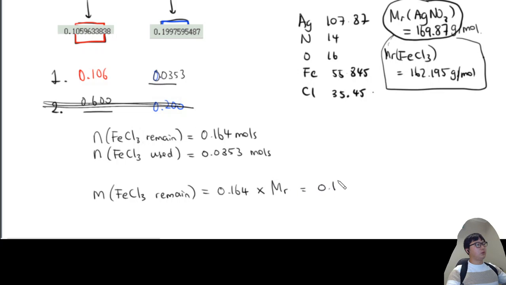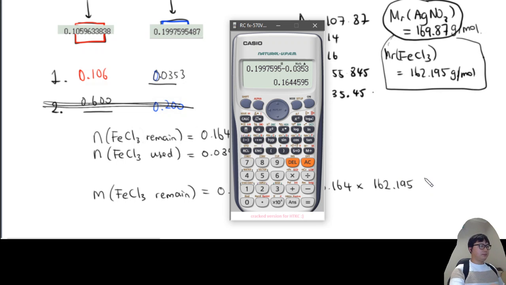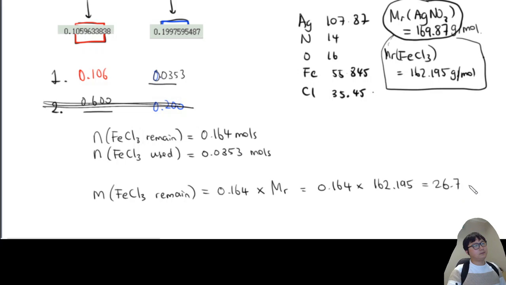Which is 0.164 times that one there. So that gives us 162.195, 26.7 grams. Okay, so that's the answer.